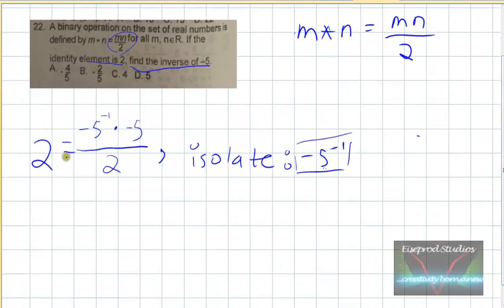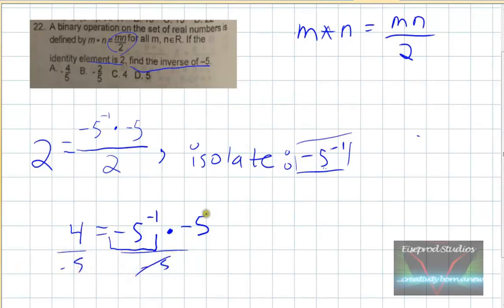So what we would do is start by multiplying both sides by 2 so we can get rid of the denominator. So we're going to be left with 4, after I've multiplied by 2 on this side, is equal to negative 5 to the negative 1 times negative 5. And so I'm a little bit closer, but remember I want to isolate this. So what I'm going to do is divide both sides by negative 5.